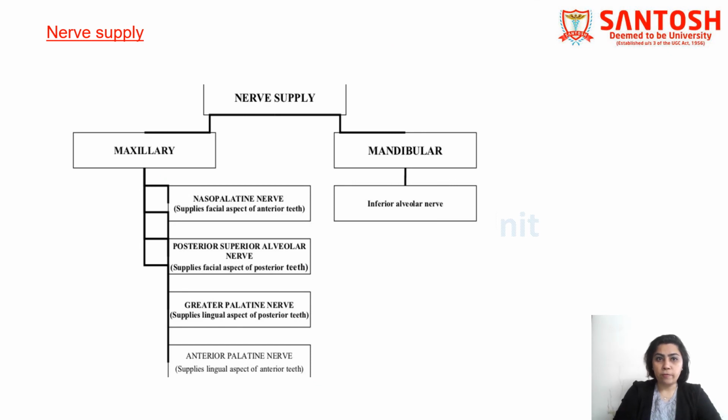Nerve supply of the gingiva: in the maxillary arch, the gingiva is supplied by the nasopalatine nerve, posterior superior alveolar nerve, greater palatine nerve, and anterior palatine nerve, whereas the mandibular gingiva is supplied by the inferior alveolar nerve.